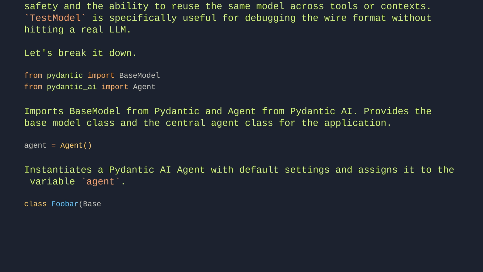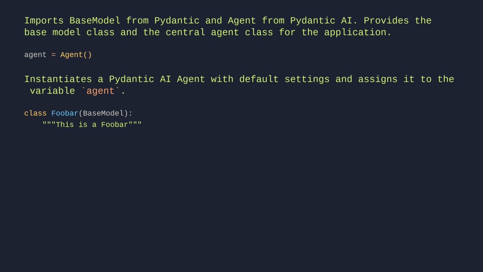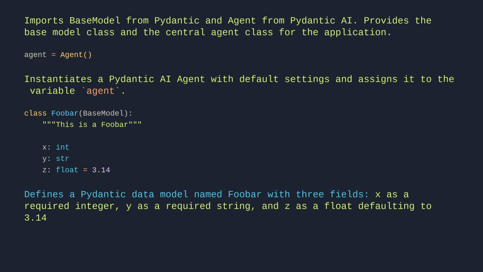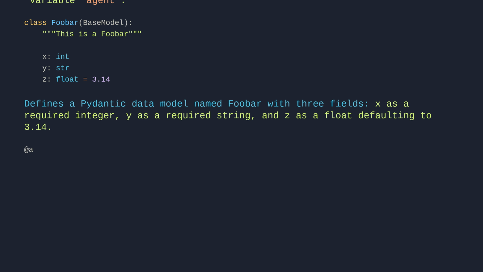class Foobar(BaseModel): """This is a Foobar.""" x: int, y: str, z: float = 3.14. This defines a Pydantic data model named Foobar with 3 fields: x as a required integer, y as a required string, and z as a float defaulting to 3.14. @agent.tool_plain def foobar(f: Foobar) -> str: return str(f).